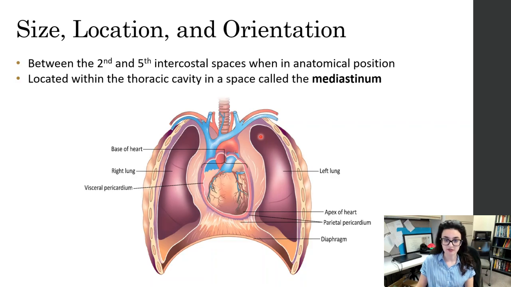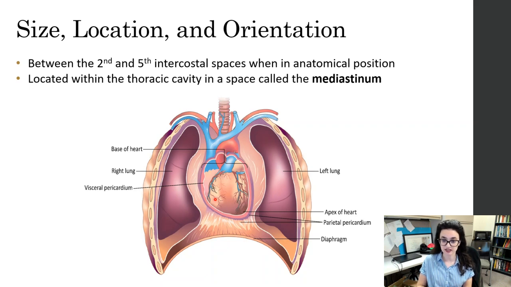So we'll get through the heart. Some basics first off is that the heart is located in the thoracic cavity, specifically in this region called the mediastinum. The mediastinum is a space between the two lungs, right? Your left lung, your right lung. And it does help shape its neighbors, actually, the heart itself.